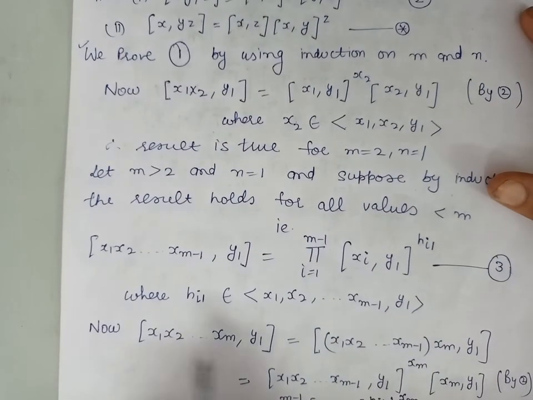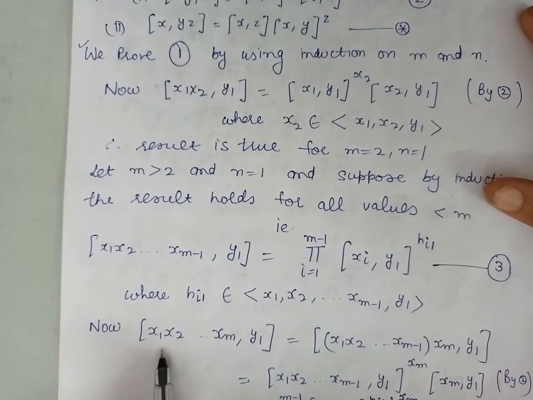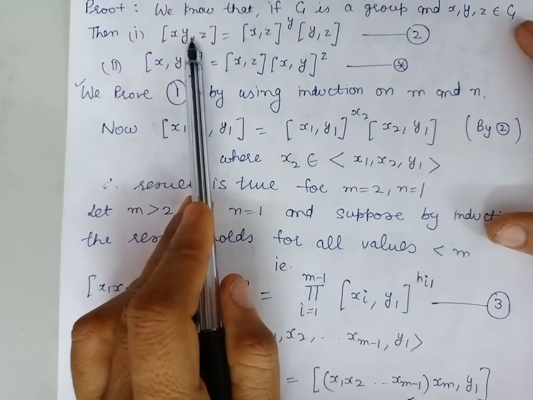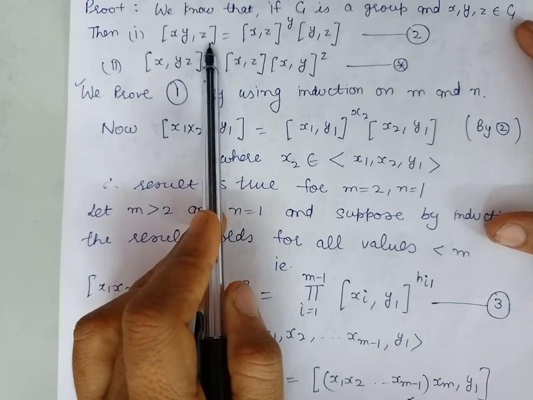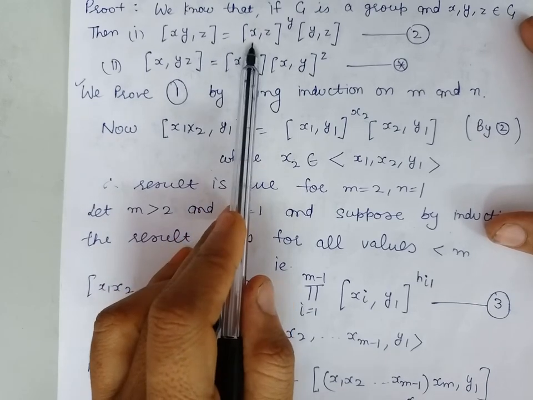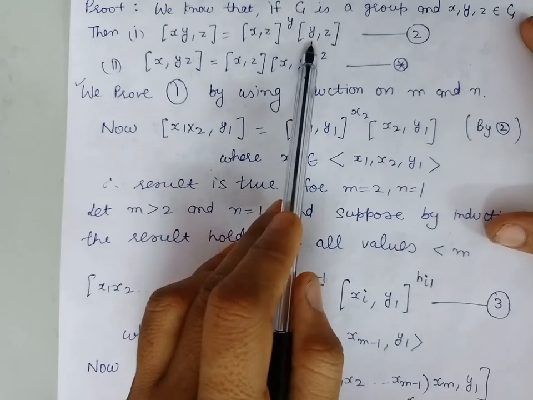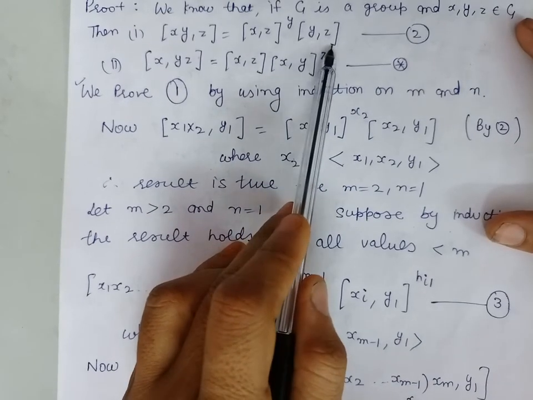Now, let us find the commutator of the product of m elements x1, x2, x3 up to xm with y1. Again, we can use the identity which we denoted by equation 2, meaning the commutator of xy with z is given by the commutator of x with z in the power we have y, into the commutator of y with z.